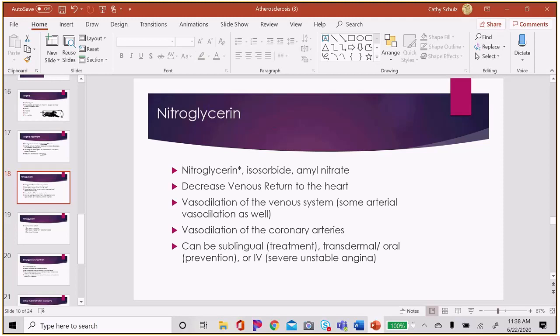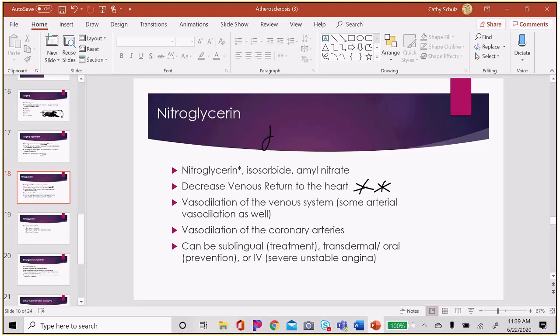So oftentimes, and you may have heard when people talk about nitroglycerin, they're talking about how it does have some action on arterial walls, so it will decrease blood pressure. It does vasodilate coronary arteries, which does help deliver oxygen to heart cells. But its main action in terms of treatment of angina and heart attack is actually venodilation.